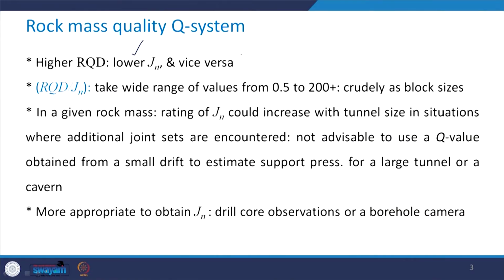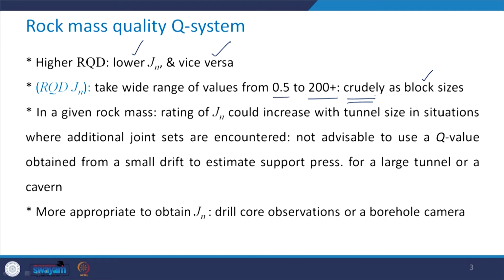Higher RQD, lower Jn, and of course vice versa. So this RQD upon Jn takes a wide range of values from 0.5 to as high as 200 plus. So it gives us an idea about the block sizes in a crude manner.